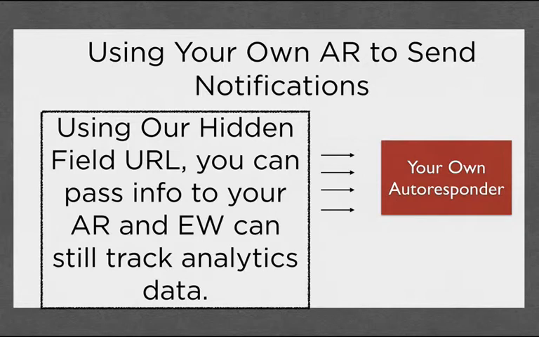So using your own autoresponder, we've created a hidden field called URL that you can then create a shortcode for in your own autoresponder. And then in that first email that goes out to them using your own autoresponder, you would put that field into the email body saying, "Hi there, so-and-so. Congrats on registering.